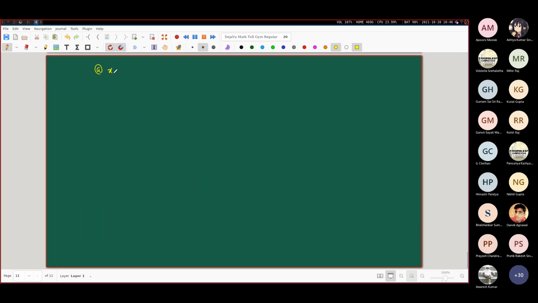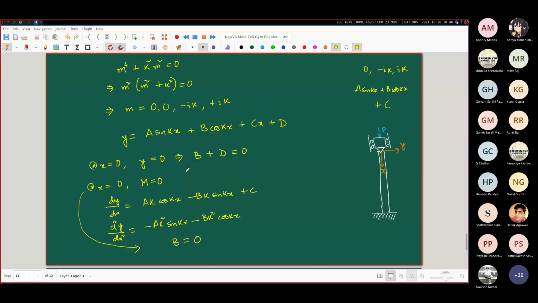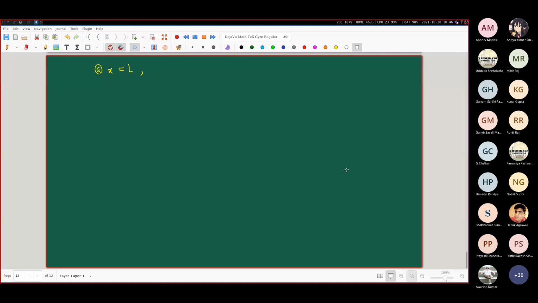Okay. Next, at x equal to L, what should we use? Again, I'll copy this thing here so you can quickly refer. Tell me at x equal to L, what condition should I use? Y equal to 0. So this is a sin KL plus b cos KL plus CL plus d equal to 0.